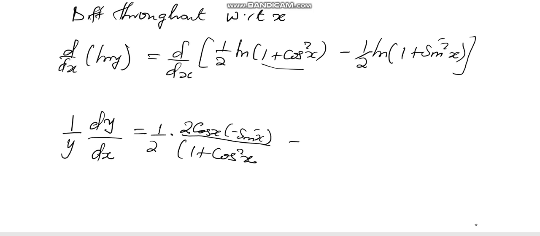Then minus, we do the same thing on this side: 1 over 2, then 1 over (1 plus sine squared x), and on top we have 2 sine x multiplied by cos x.